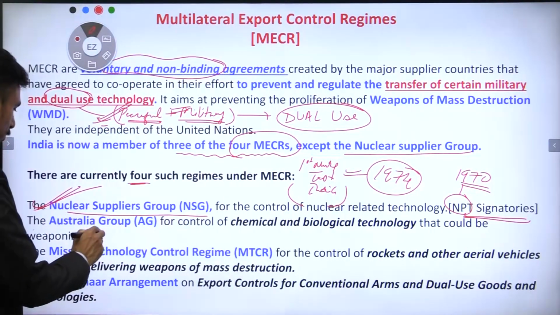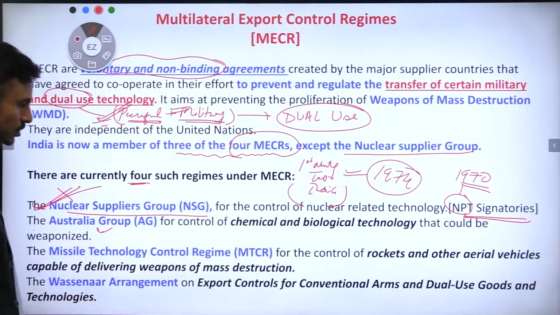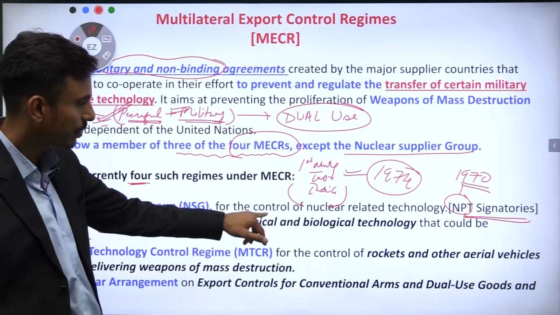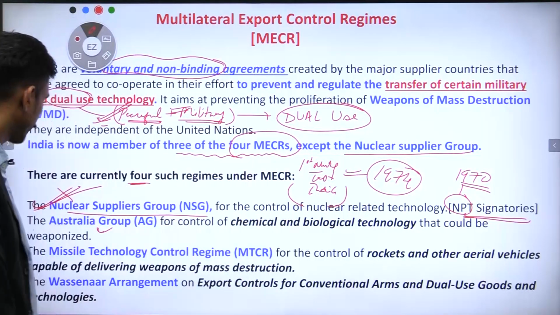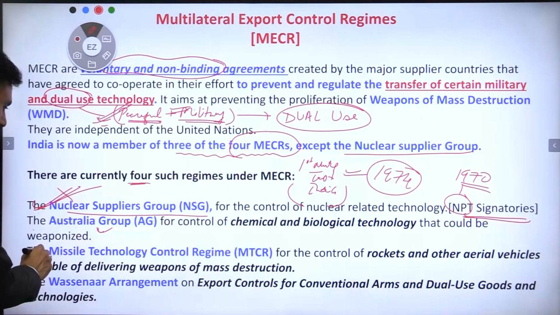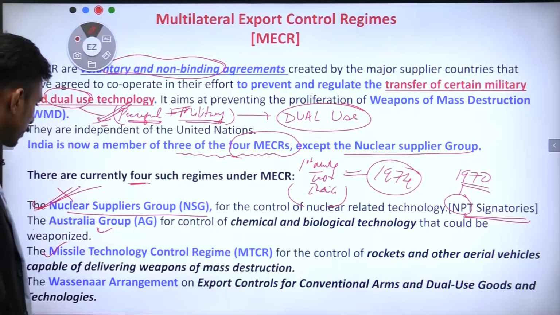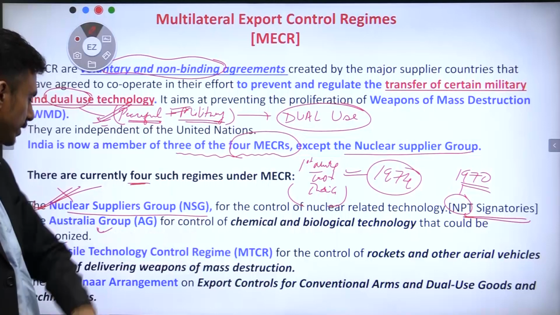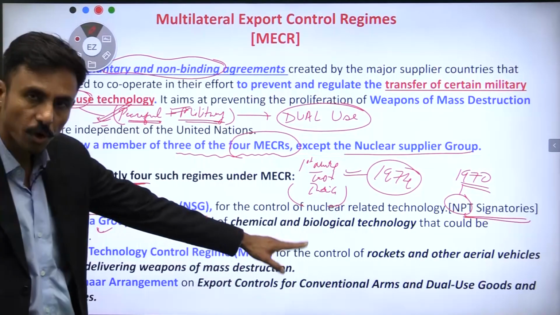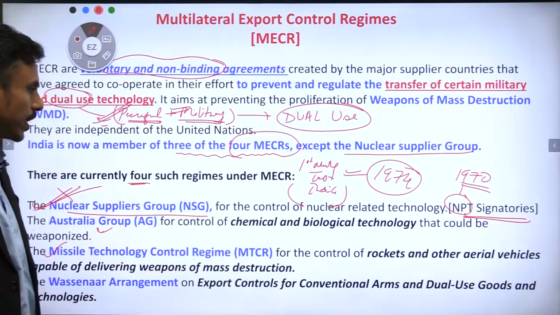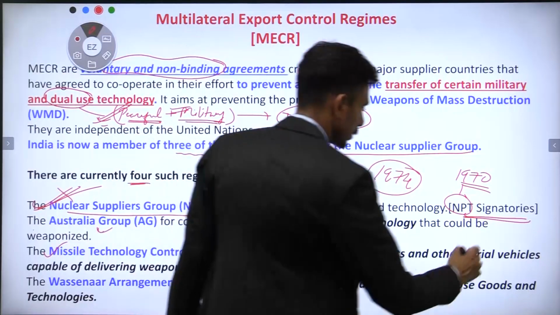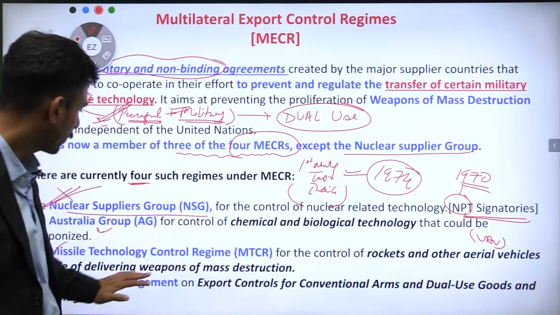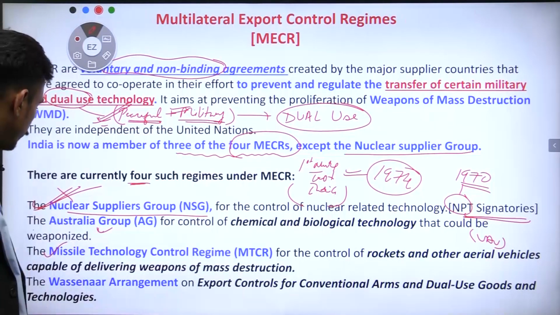India is part of the Australia Group. The Australia Group talks about the control of chemical and biological technology that could be weaponized, right? Similarly, India is a member of the MTCR, Missile Technology Control Regime, for the control of rockets and other unmanned aerial vehicles, UAVs, capable of delivering weapons of mass destruction.